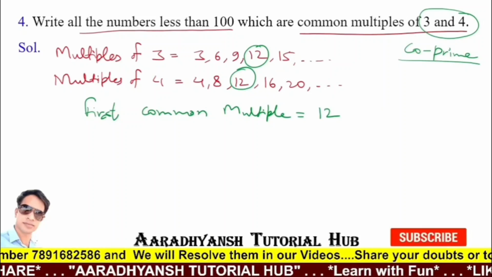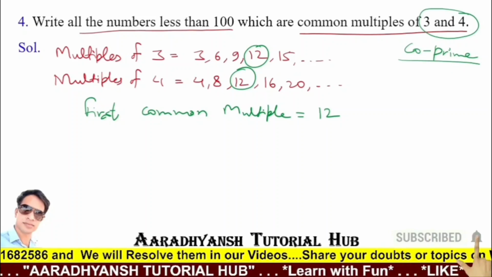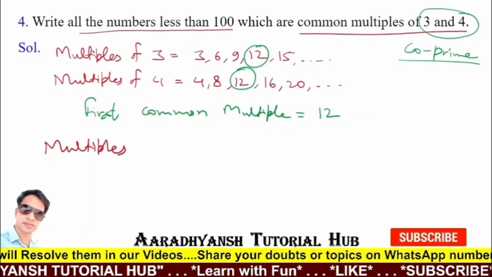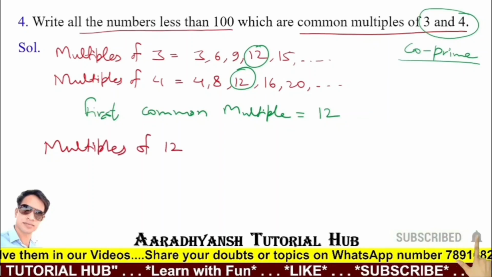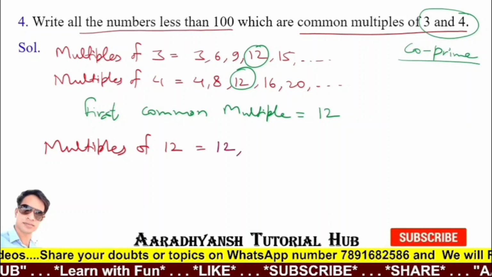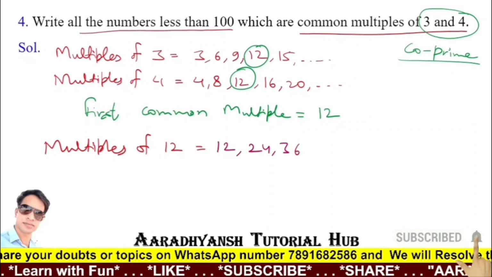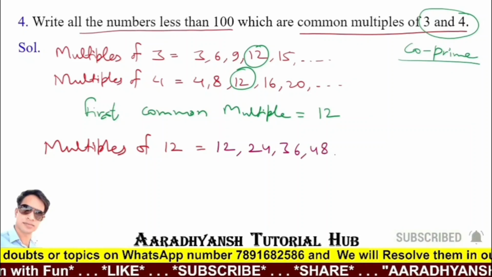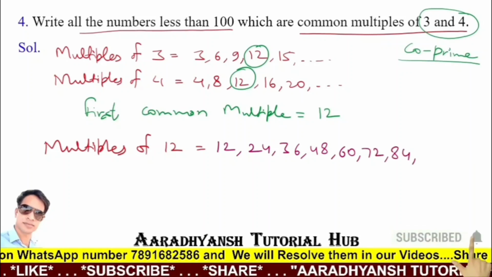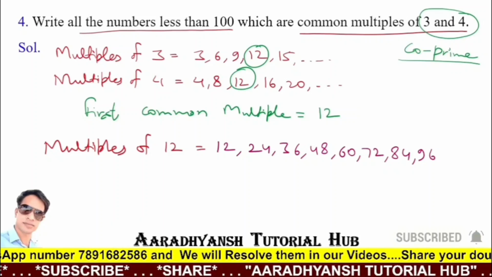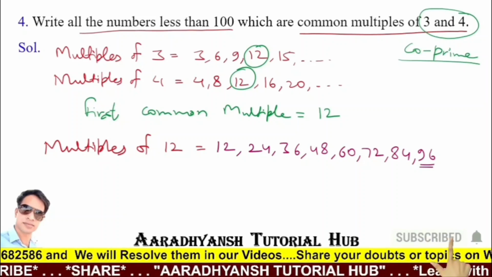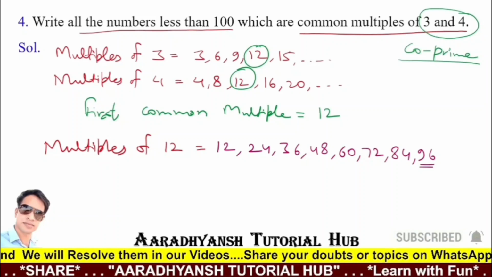Okay, now find multiples of 12, and these are 12, 24, simply the table of 12, 60, 72, 84 and 96. Okay, 96 is the last common multiple that is less than 100.